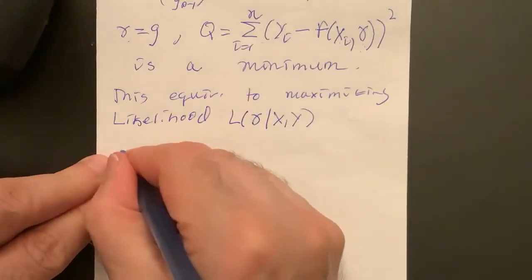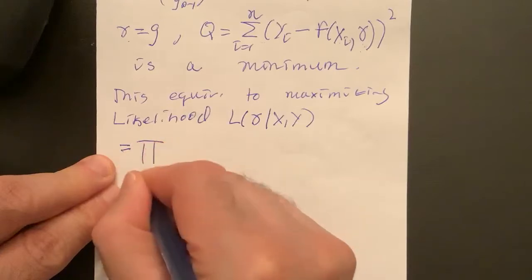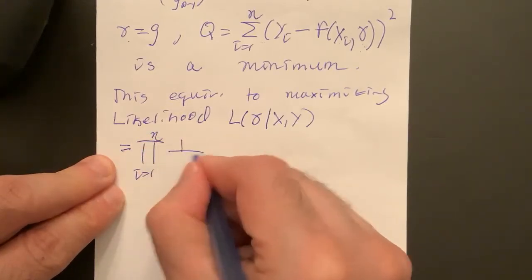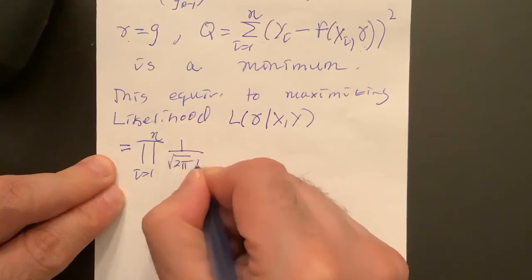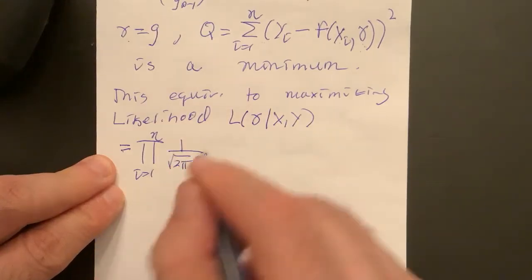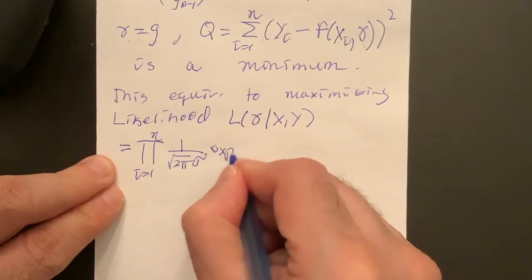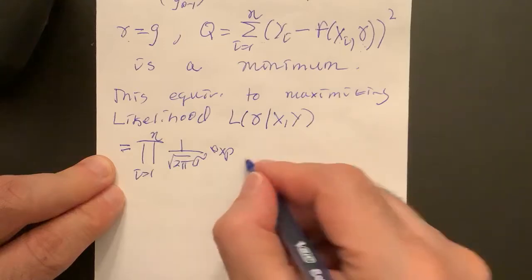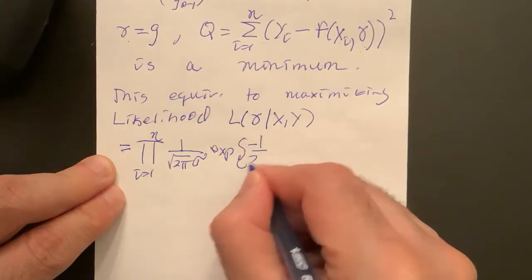This would be equal to the product, i equals 1 to N, of 1 over square root 2 pi sigma. And this is normal, right? Because by the model, it's just a constant plus a normal piece. So the whole likelihood is normal. Exp of minus 1 over 2 sigma squared.